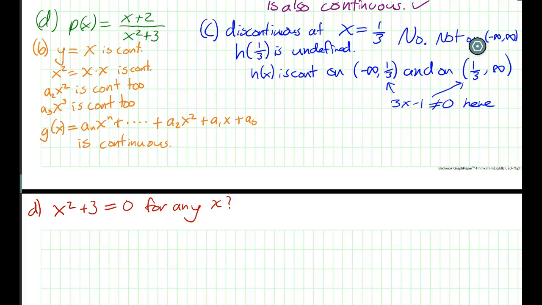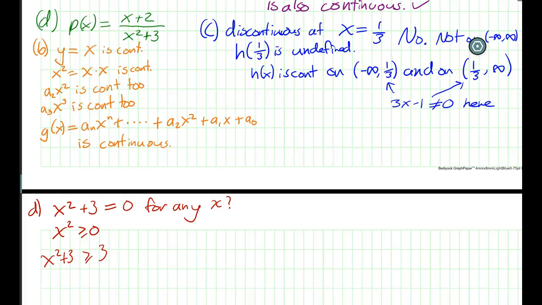And the answer is no. X squared is always greater or equal to 0 for any x, because if x is negative, you square it, it becomes positive. If x is 0, 0 squared is 0. And if x squared is always greater than or equal to 0, then x squared plus 3 must be greater or equal to 3.